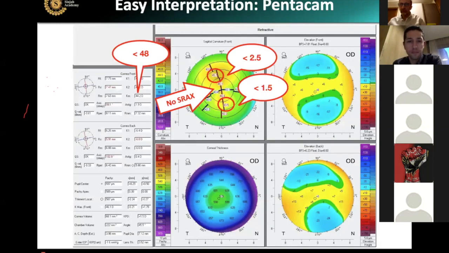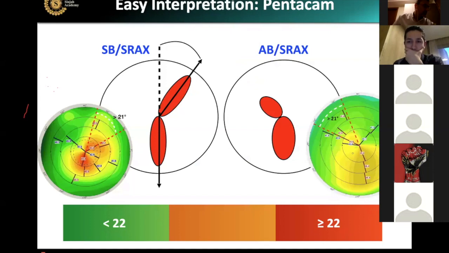After that, we have to come to the central red segments in the sagittal curvature map to check whether there is a skewed radial axis or not. You know the skewed radial axis, it's an angulation between the axis of the inferior segment and the axis of the superior segment.